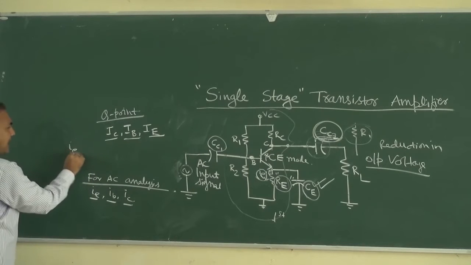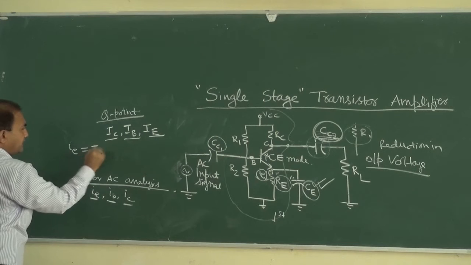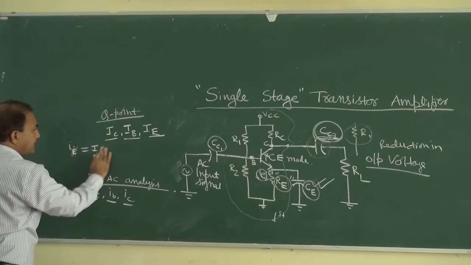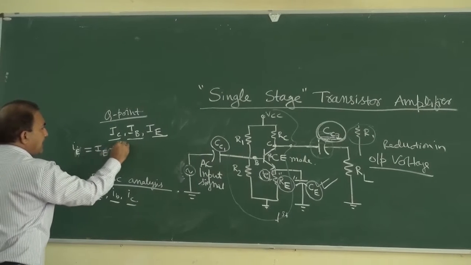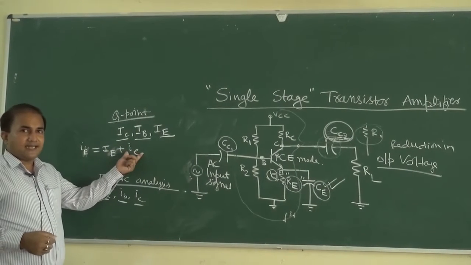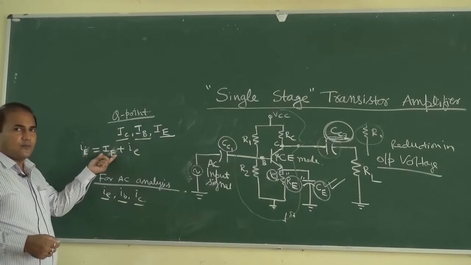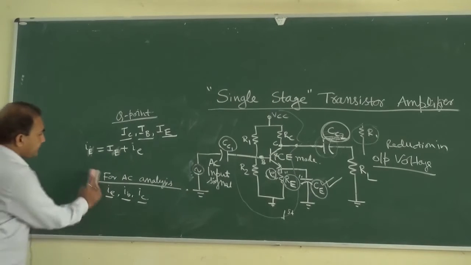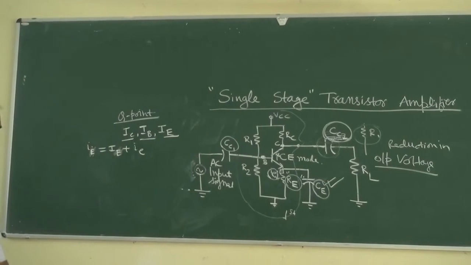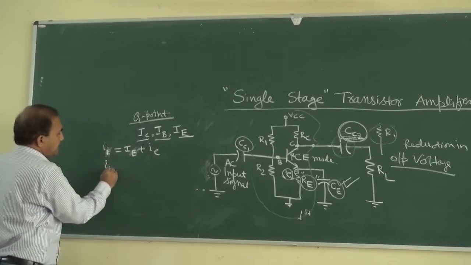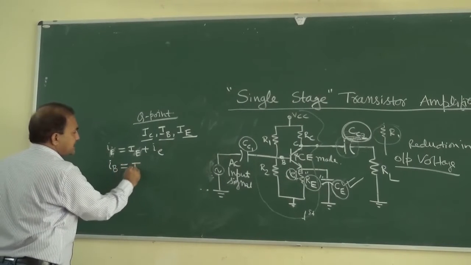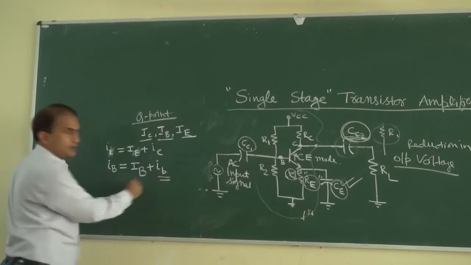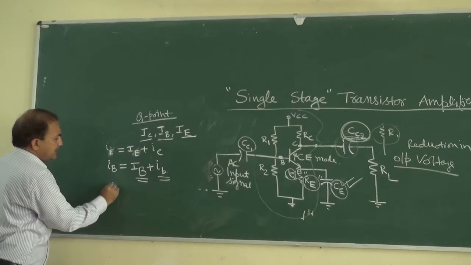So the total emitter current will be equal to ie plus IE. This is due to the AC component and this is due to the DC component. So this is the total emitter current. Similarly, the total base current is equal to ib plus IB, the AC component and the DC component.